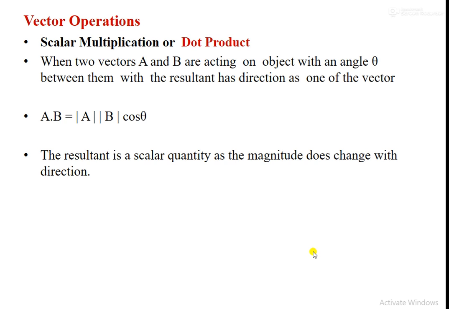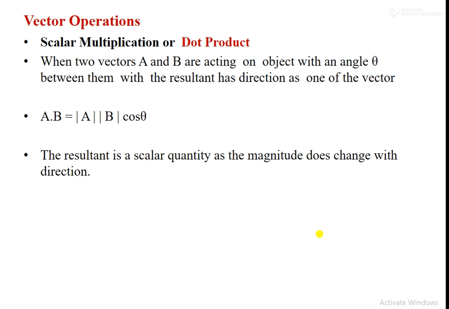The next topic is vector operations. In vector operations, we will deal with scalar multiplication, also called the dot product. Actually, we have two types of these operations. One is called the dot product, the other is called the cross product. First we will talk about the dot product.